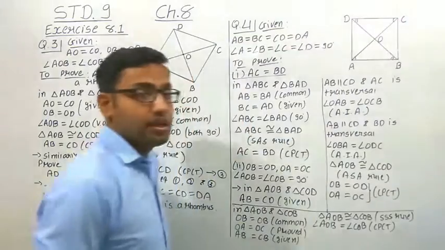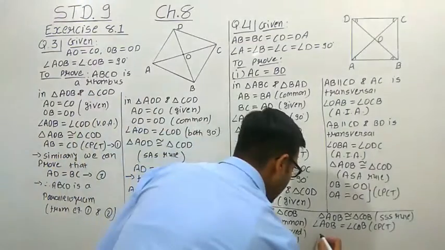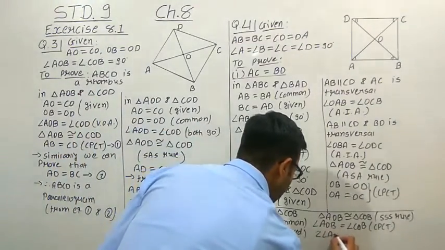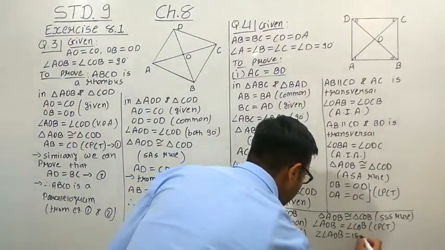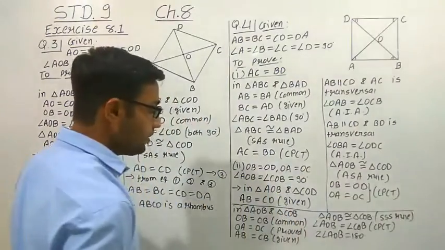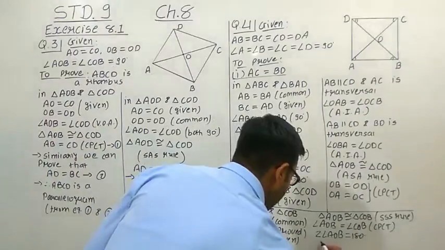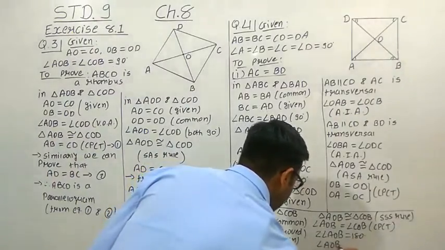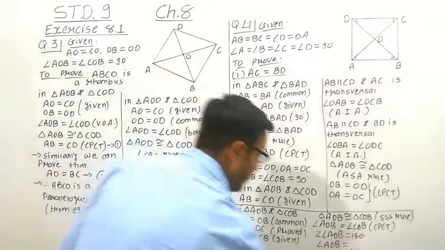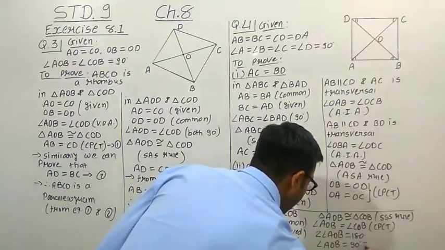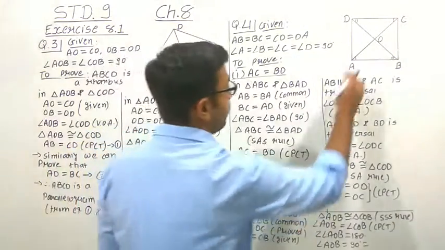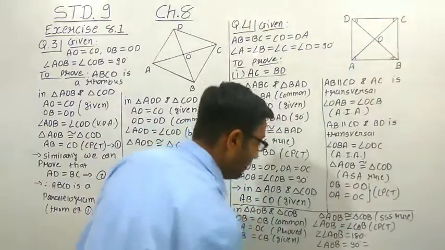Both these angles are equal, so 2 times angle AOB is equal to 180 degrees. So angle AOB is equal to 90 degrees. Also, angle AOB is equal to angle COB.